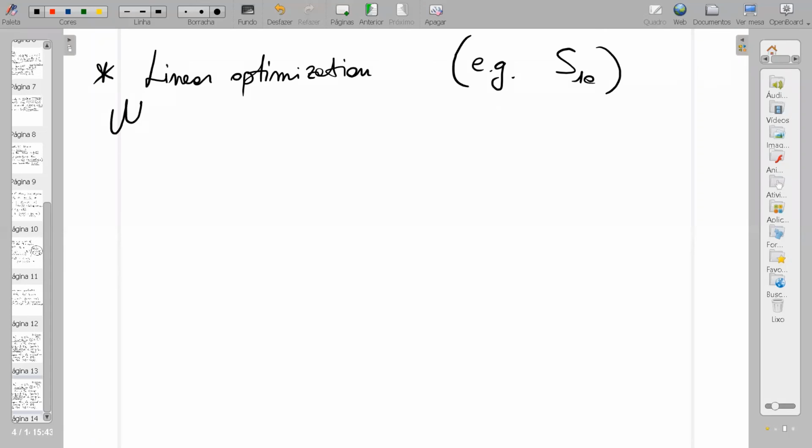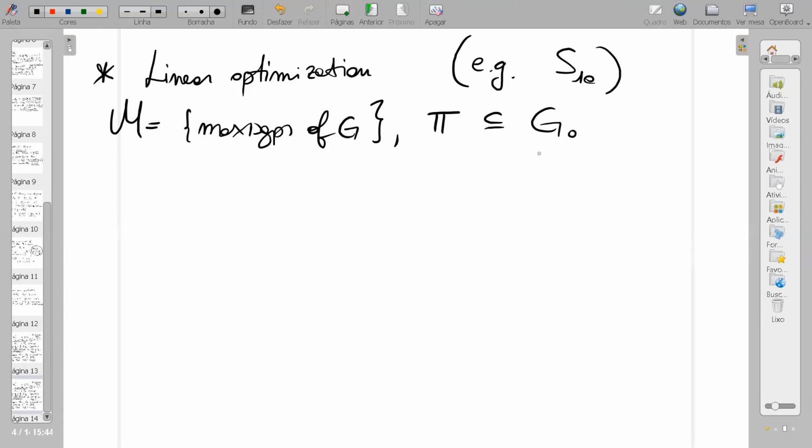So let me quickly tell you what this is about. We take maximal subgroups of G, and pi, a set of primary elements, hard to cover. In the case of S10, we took elements of cycle type 442.